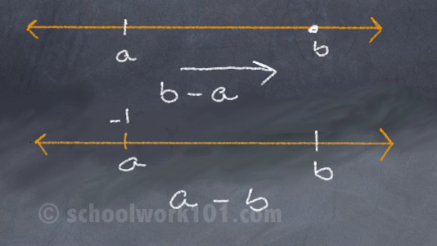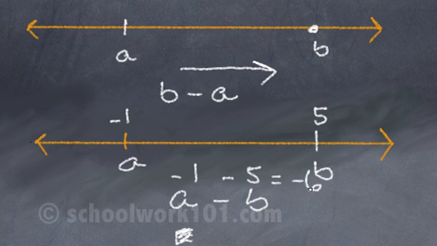Let's say that this happens to be -1 and this happens to be 5. If I said -1 minus 5, we end up with -6, and that means we're going back in the negative direction.